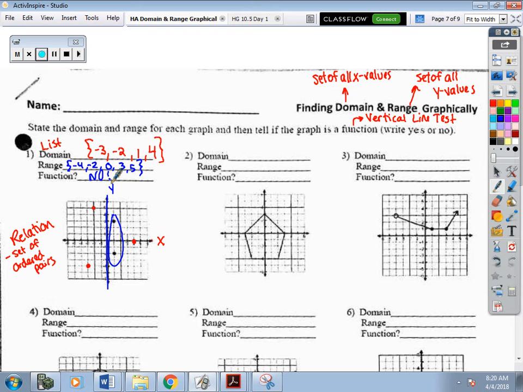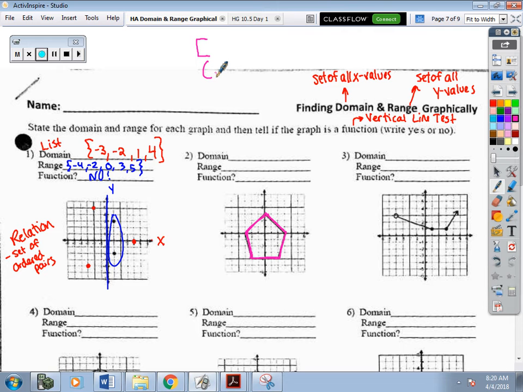Alright, the next one is actually a little geometry shape, looks like a pentagon. So the function is going around and back. So it's a closed figure. So it doesn't have arrows going on forever in both directions. So there's 2 ways you can do your domain. Remember, we can use our brackets or parentheses with our commas, smallest to largest.